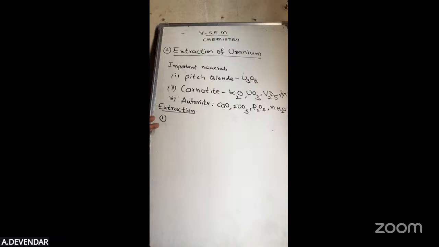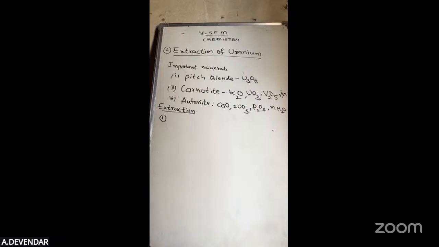Like here also, the concentration of ore. Here the pitchblende is first crushed into a fine powder, and then magnetic separation, and also the froth flotation method, you can separate it.